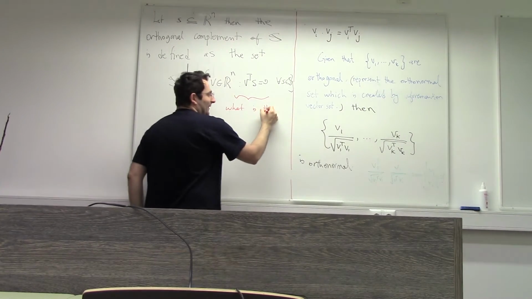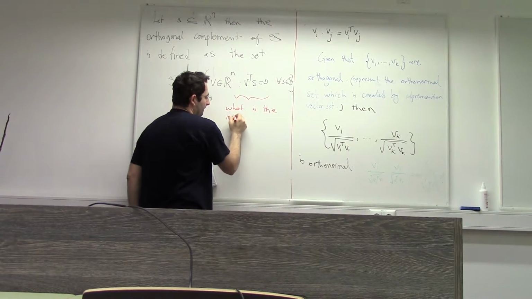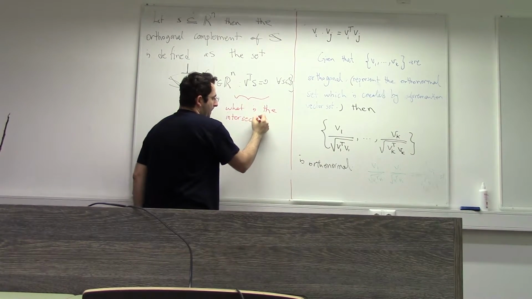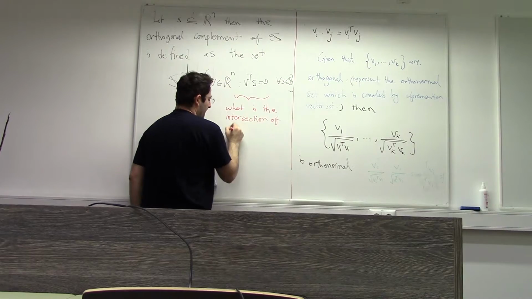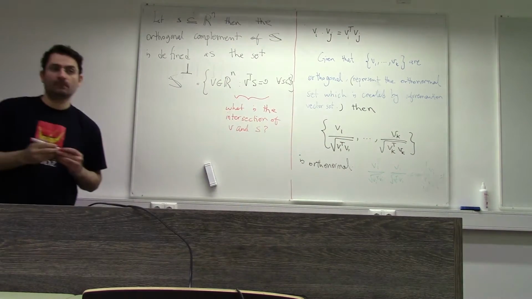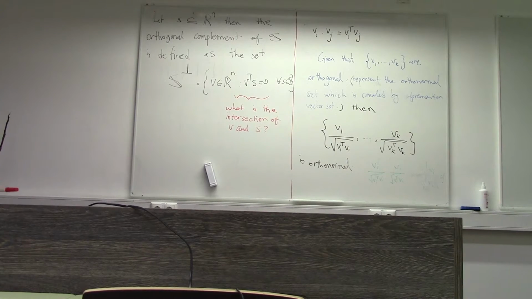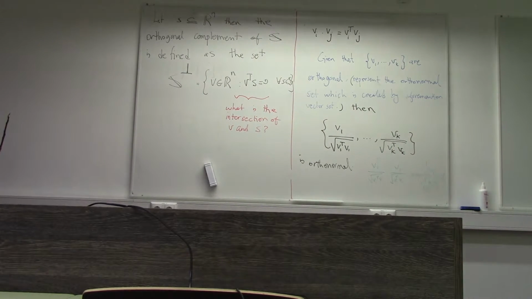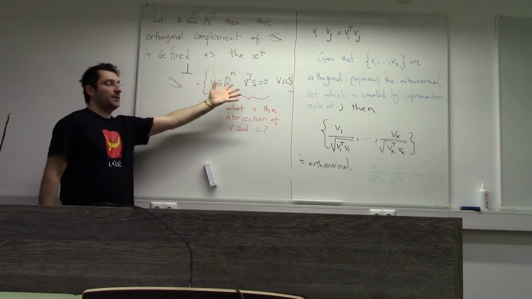But what is the intersection of V and S? If you look at all the S's and all the V's, they have one intersection. Do you know what is that intersection? In other words, find a vector in S which is also in V and it satisfies the condition that we have.